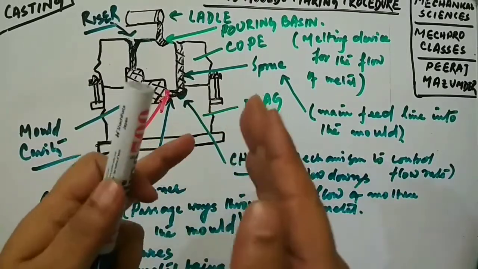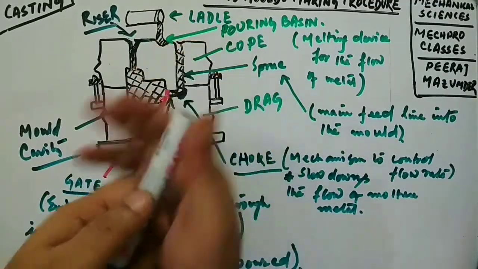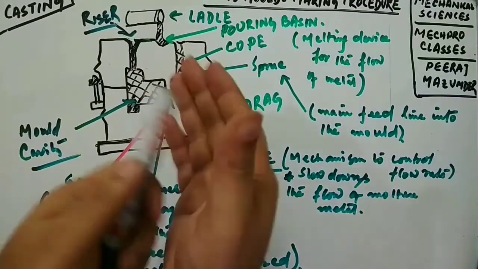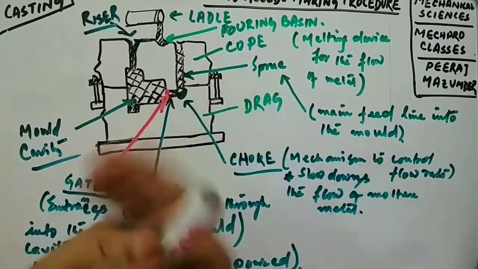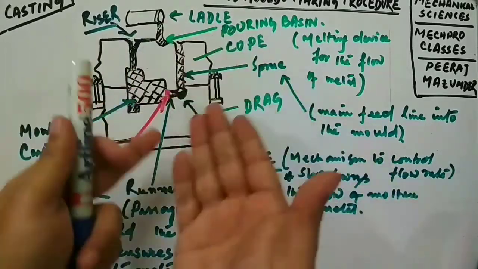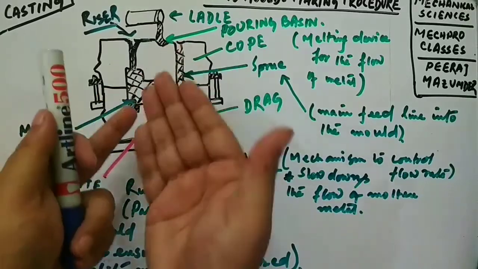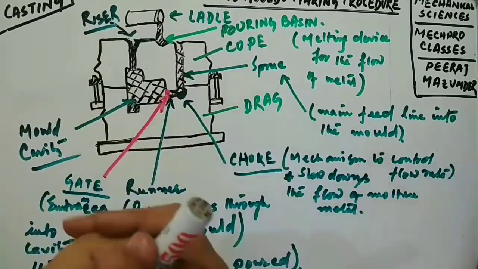When you are pouring molten metal in this particular mold cavity, you have to ensure whether there is enough metal in the mold cavity or not. How to ensure? You just can't keep on pouring the molten metal. You have to make sure whether it is filled or not. So this riser acts as an indicator.